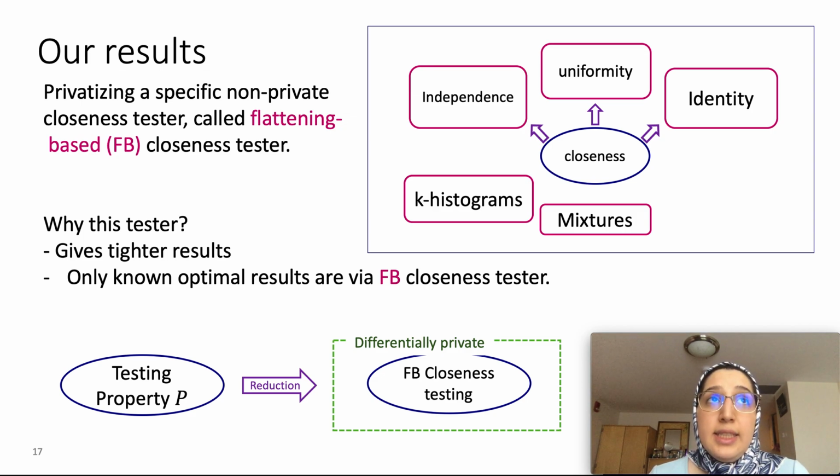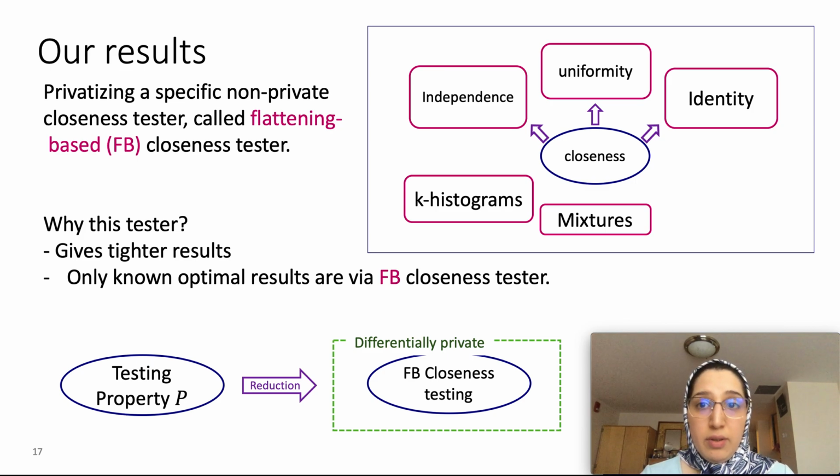And this is the only tester that we can use for reductions from other problems that gives optimal results for other problems as well. So if I don't use this tester, I cannot solve independence testing or uniformity testing optimally. So this is a key component to essentially get the private testers for other problems.